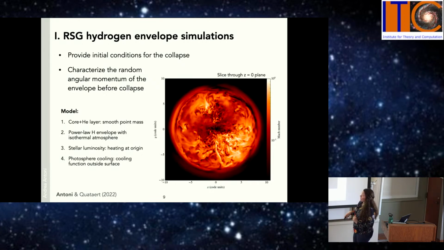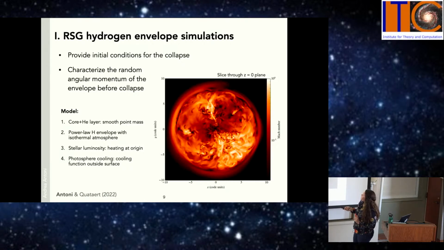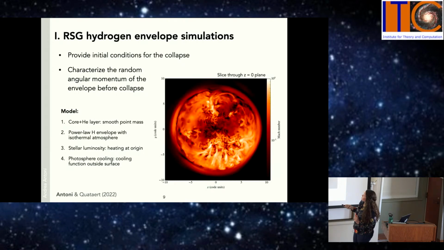Now I want convection, so I match the stellar luminosity coming out of the core with a heating source term. Then I have a cooling function out in this isothermal atmosphere that is my photosphere, which cools the gas as it rises so that I can get convection. This is the movie that I was showing in the beginning, once I reach thermal equilibrium.